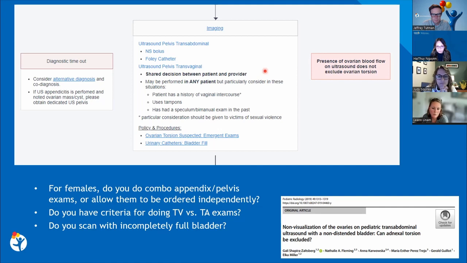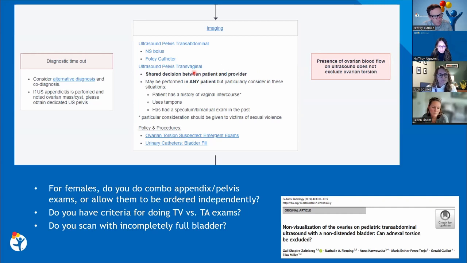We're not going to do a Foley catheter and a transvaginal. But we usually try to start with a transabdominal with a full bladder. And then if that's sufficient, then we don't do the transvaginal.